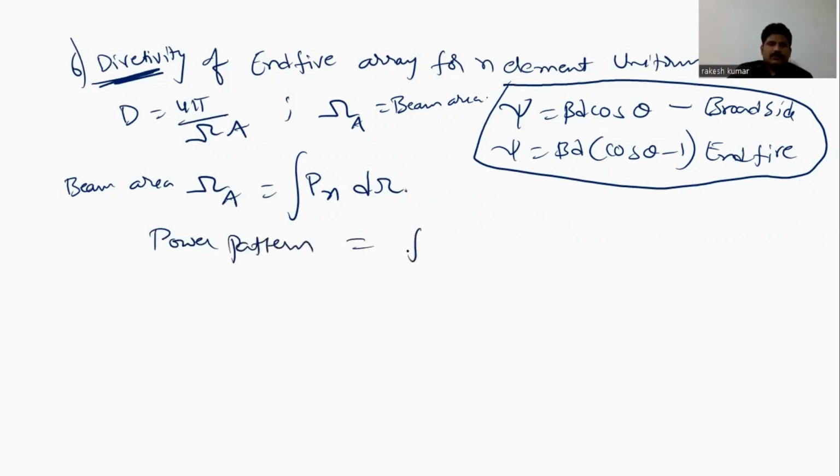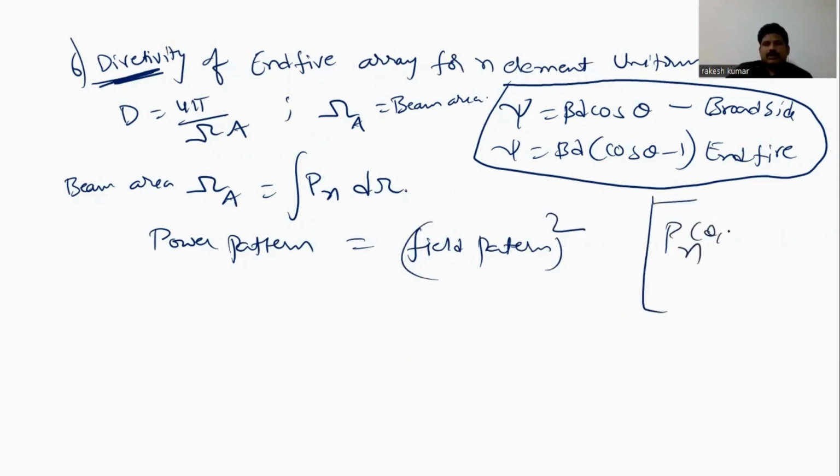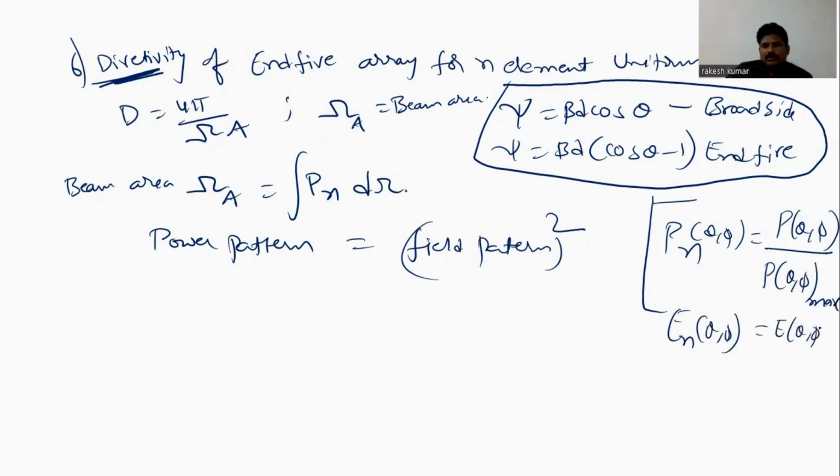is equal to the field pattern whole square, and the formula for the normalized power pattern, n of theta comma phi, is equal to p of theta comma phi by p of theta comma phi max. The formula for n of theta comma phi is e of theta comma phi by e of theta comma phi max.